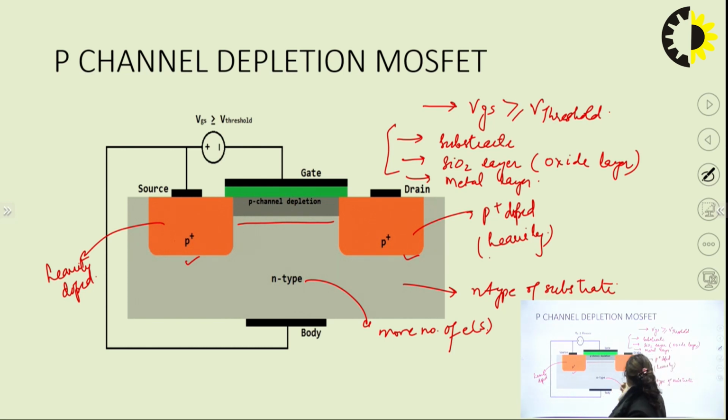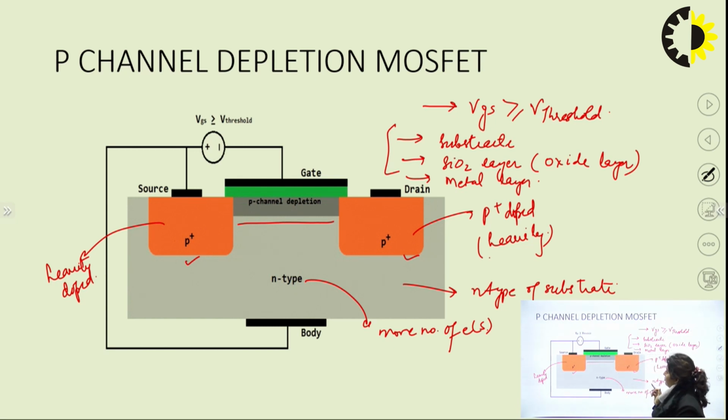So as this is N type, more electrons are there, and we are applying a negative supply to the gate. So it will repel the N type charge carriers, or you can say that it will attract the positive carriers of the P type channel between the P plus source and the P plus drain. So obviously the channel will now get depleted between the source and the drain.